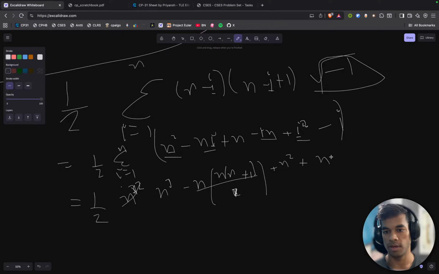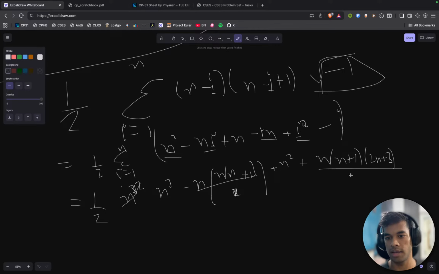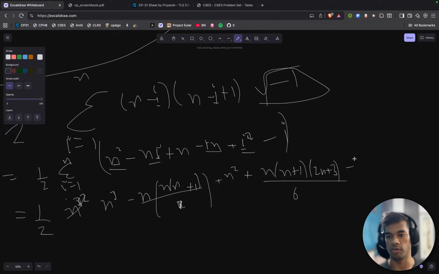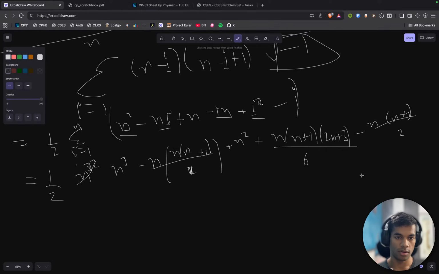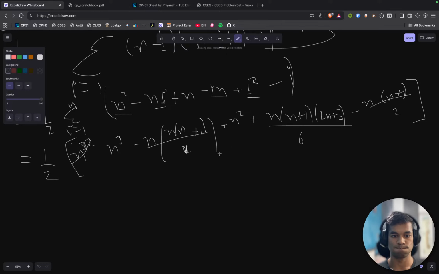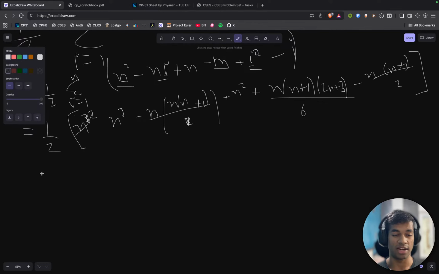Now this should be n into n plus 1 into 2n plus 3 divided by 6, and minus n into n plus 1 by 2, n into n plus 1 by 2, and the whole thing is half. That might be correct. I don't know. Let's see. How do we do this?